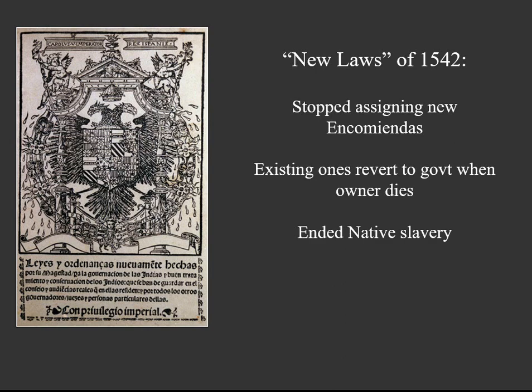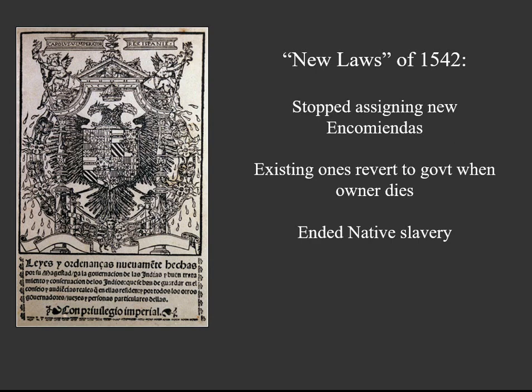So ending native slavery is probably the most effective part of the new laws that actually went into effect and was fairly successful. The whole ending of the encomienda system just didn't work that well, because once the government pronounced these laws, they got a lot of complaints, and a lot of the rich encomenderos basically bribed and offered compromises to the government that eventually dragged out the encomienda system.